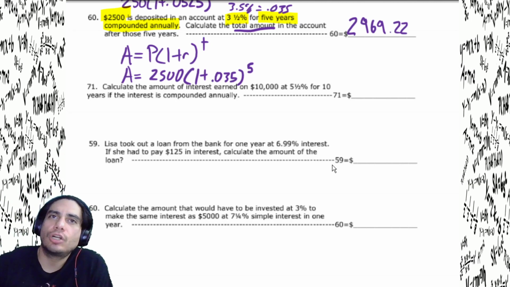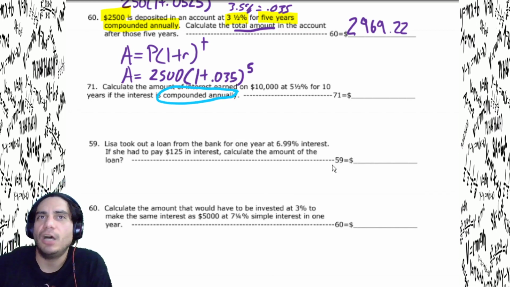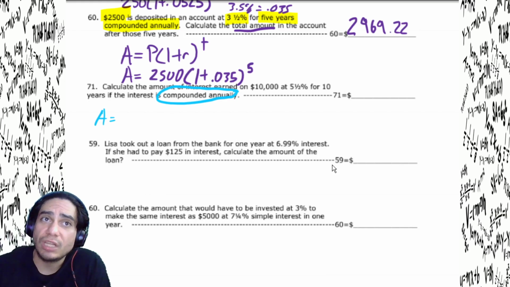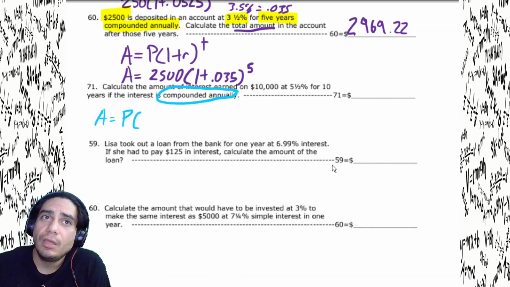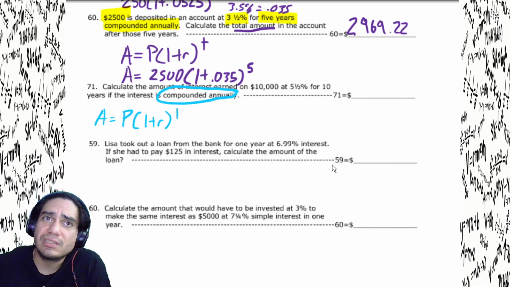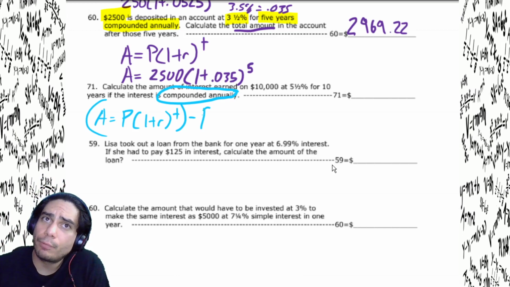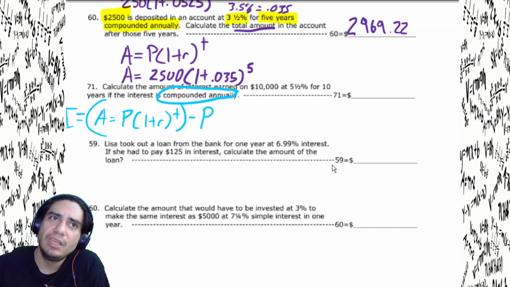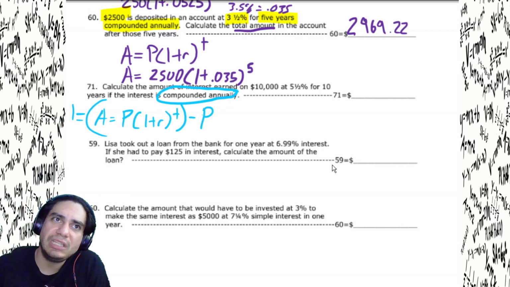Calculate the amount of interest earned, okay, compounded annually. I'm sorry, I skipped it already. Compounded annually on $10,000. Now, remember, we only want the interest earned, so we're going to have to subtract the principal. So, A equals P parentheses 1 plus R raised to the T power. And then we get this formula and subtract the principal to give us the interest, okay? Let me write this a little differently over here because I want you to be able to see that I right there.